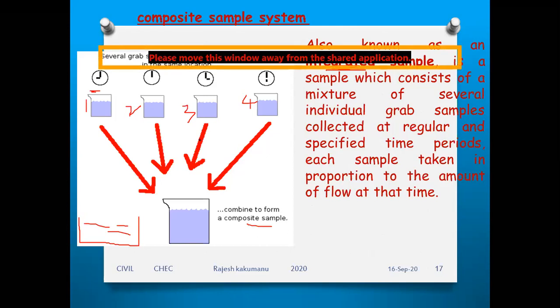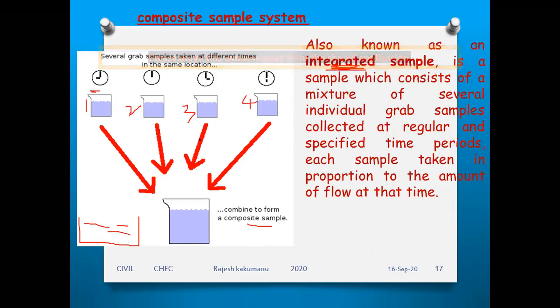Then we are going for various tests like pH value, oxygen levels, and other things. When compared to that, in the composite sample system we are taking samples at regular intervals, which is automatically set up in the treatment plant, every 4 hours, 6 hours, 8 hours, 12 hours, or 24 hours, and we are mixing them to form a composite sample, and we are going for the inspection process.